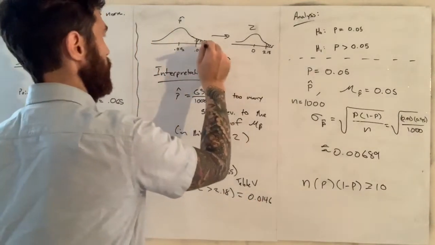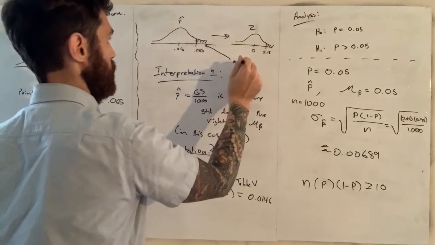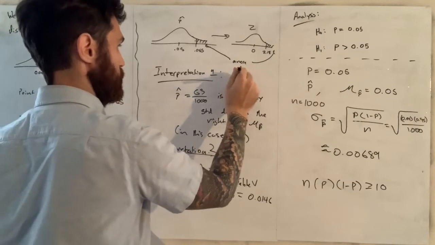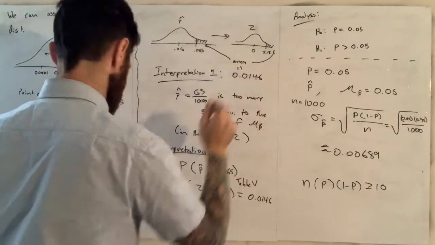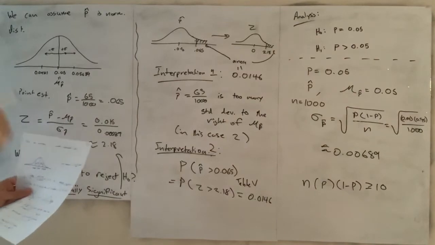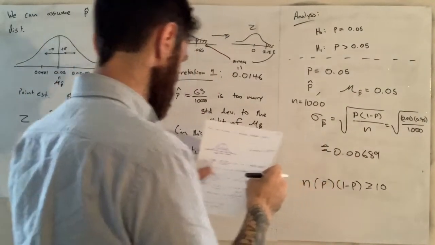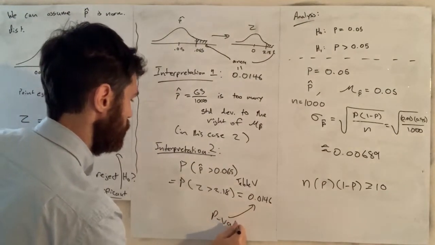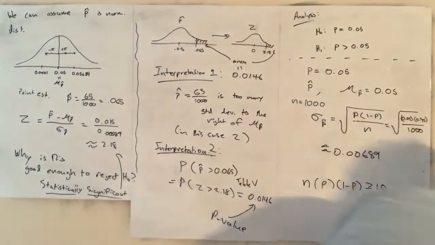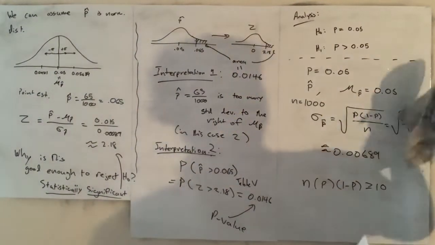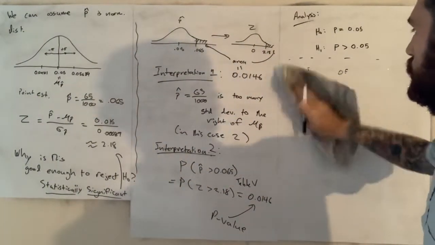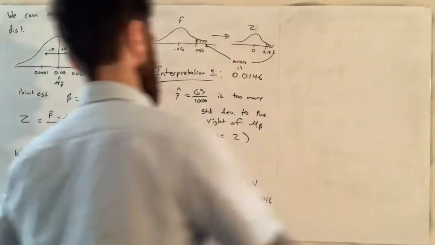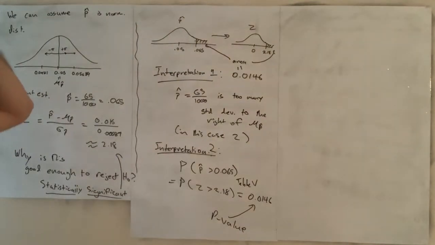And so this area here is equal to 0.0146. So this is sometimes called the p-value. And this interpretation uses p-values in order to accept or reject your null hypothesis.